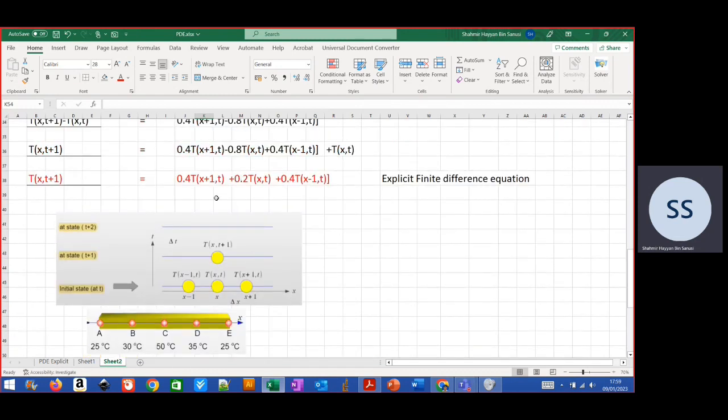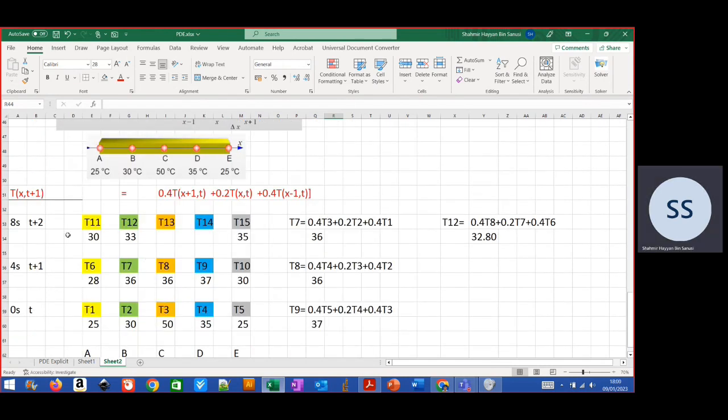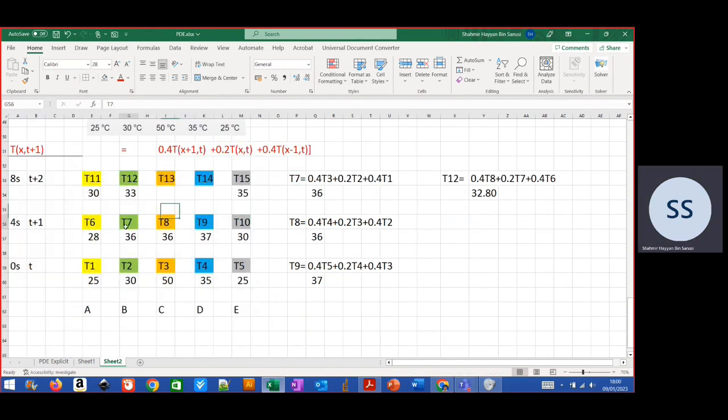And then from here, you can draw this. This is what we call the computational module that can visualize it for us. To find this value, it's 0.4 this plus 0.2 this plus 0.4 this. And draw the temperature difference grid, and from here you can predict the temperature for all points.